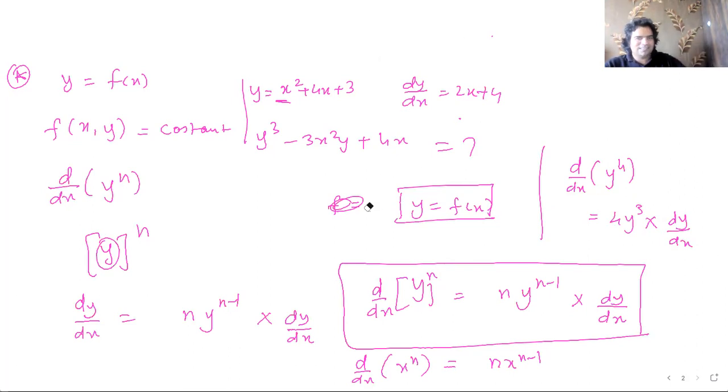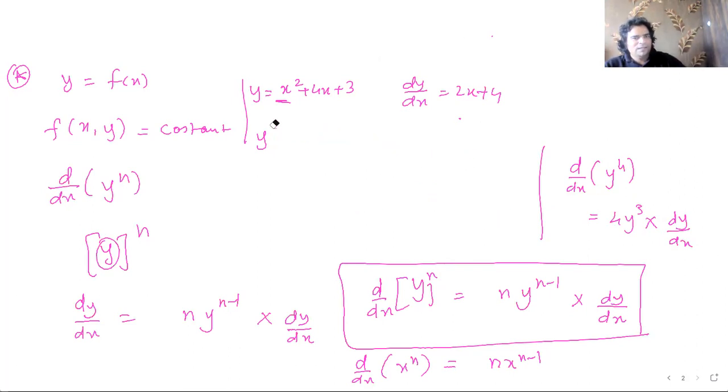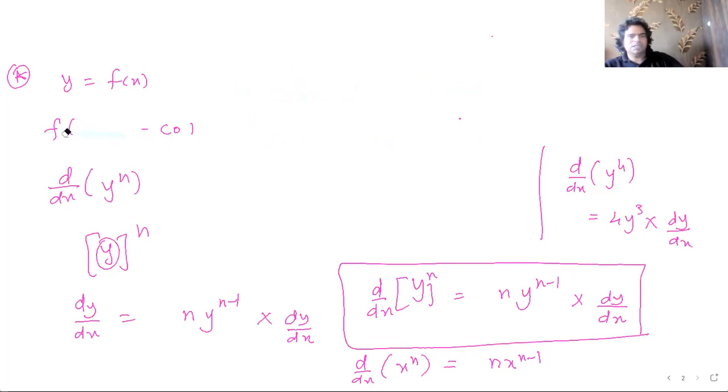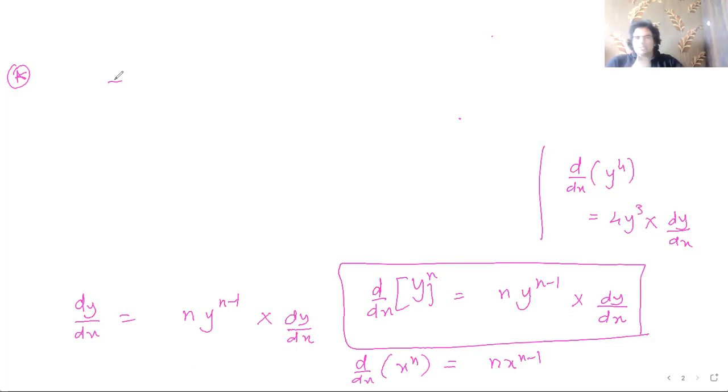So let's take one example, a little easier one, and after that we'll go to the challenging ones. Let's say my function is the circle equation. One of the equations that is frequently assessed is the circle. So x squared plus y squared equals radius squared is the expression.